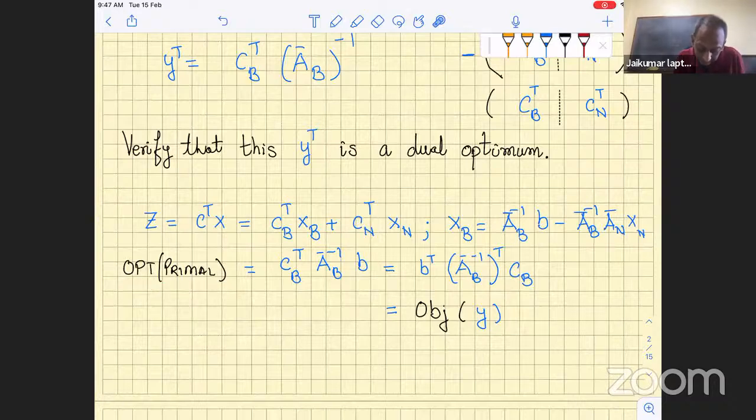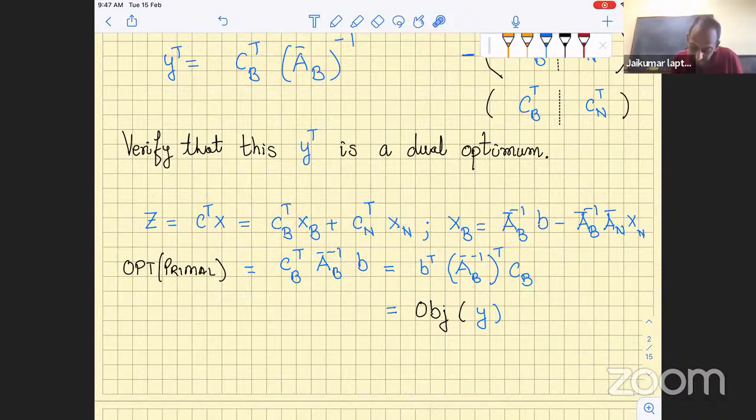Simplex tells us that the primal's optimum at this basis is obtained by setting these xN's to 0 and substituting this value for xB. So this is the primal's optimum.